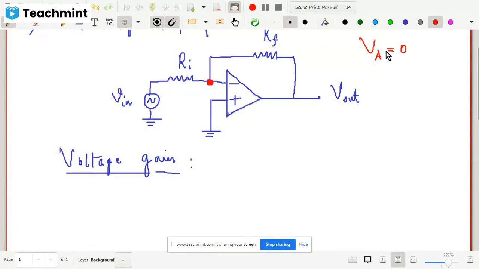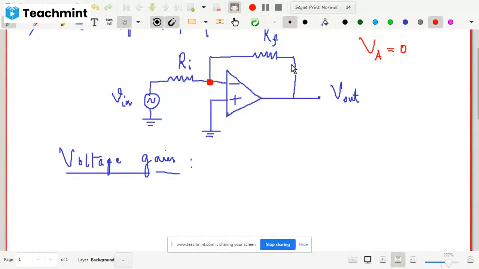And how this is 0, I have already explained in the last class using the concept of virtual ground. So the potential at this point is VA equal to 0, and whatever current is flowing through this, all the current will flow through this feedback resistor, because input impedance is very high, so no current will go through this. So these 2 points you remember. Now keeping these 2 points in mind, we can start the derivation.